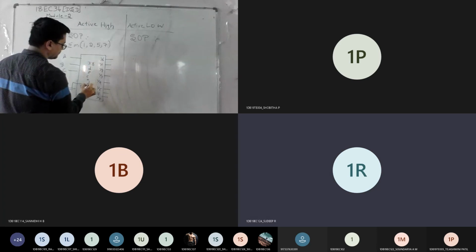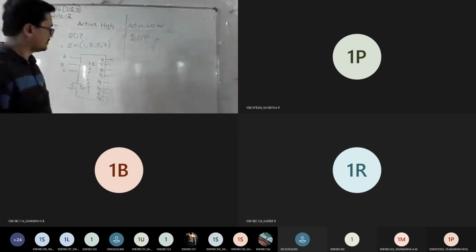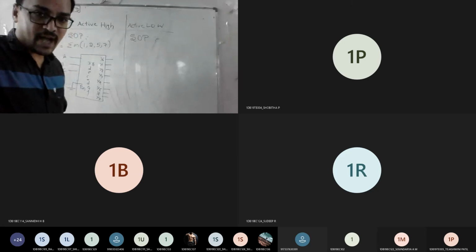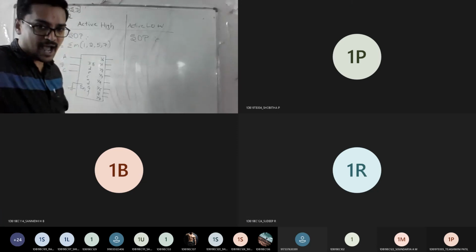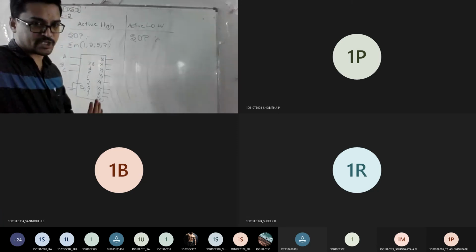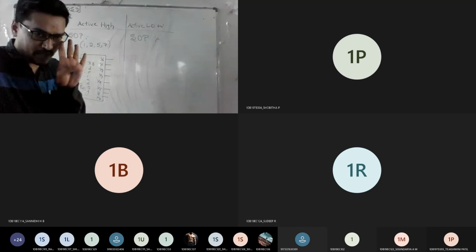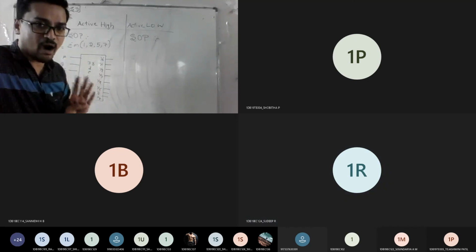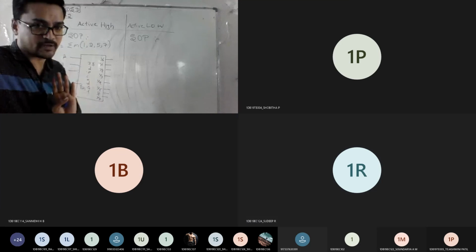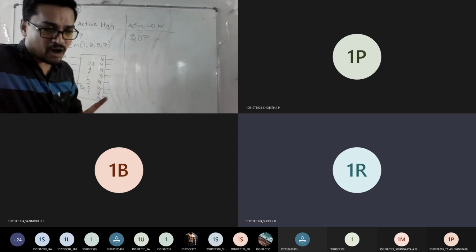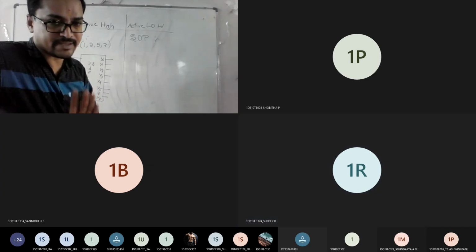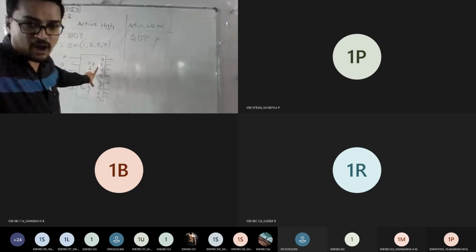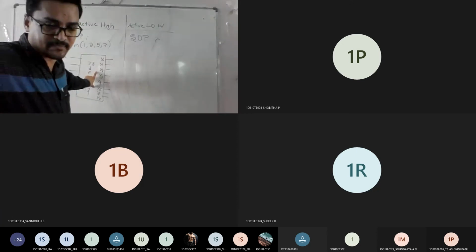Everyone, listen carefully. If they ask you to implement using an active high 3:8 decoder, or only a 3:8 decoder, then your IC diagram should be like this.